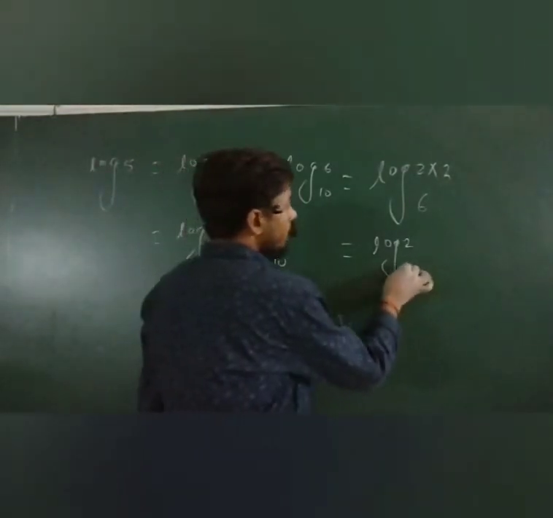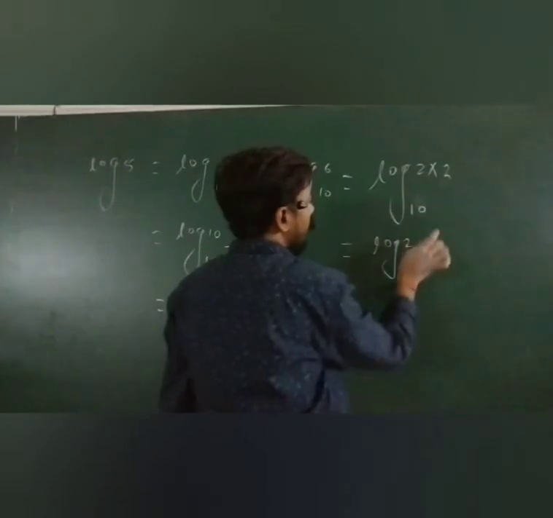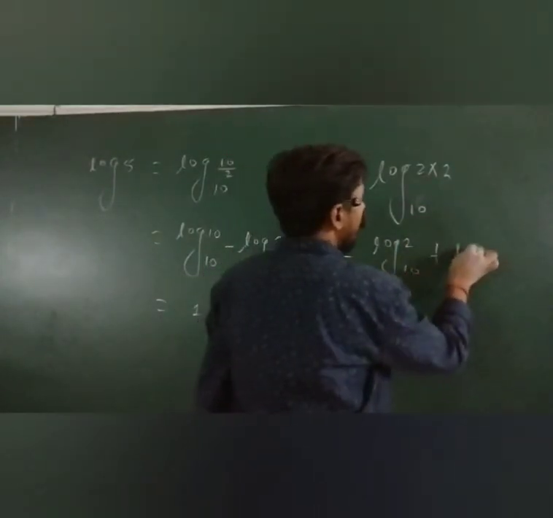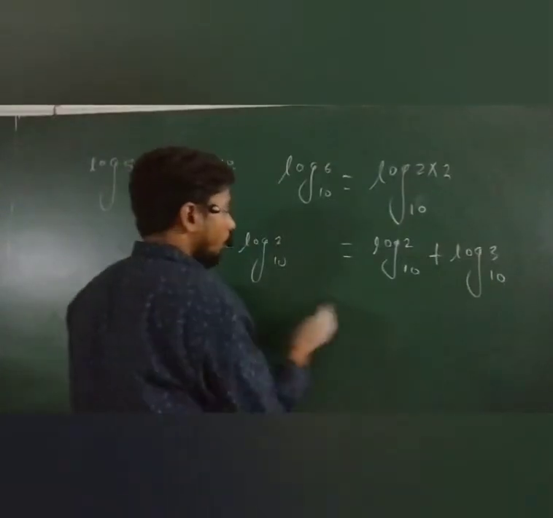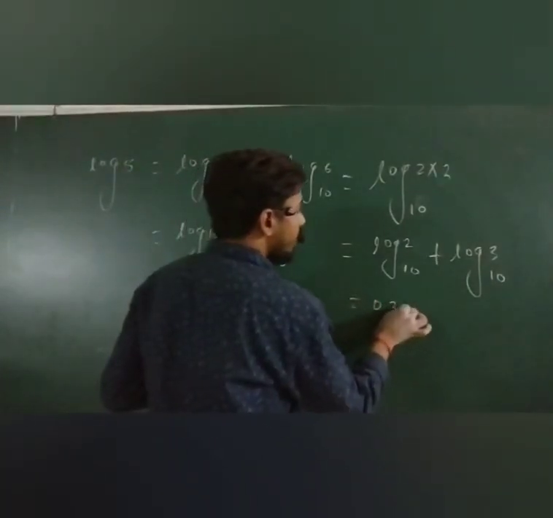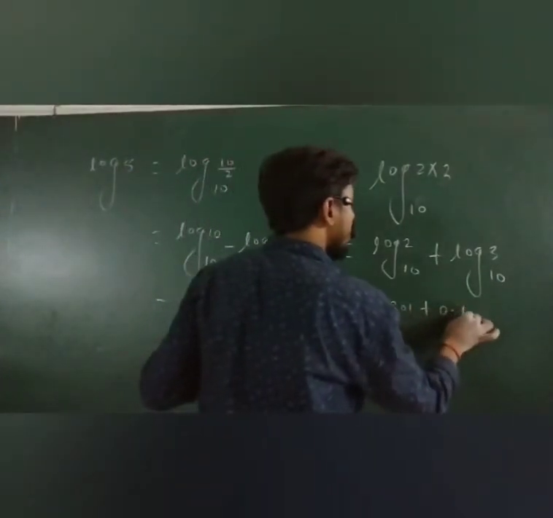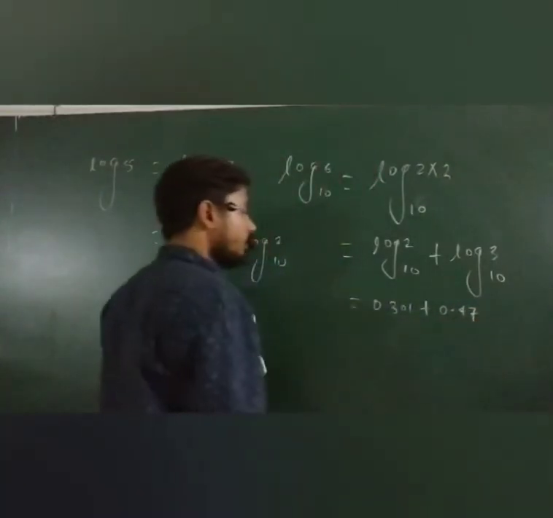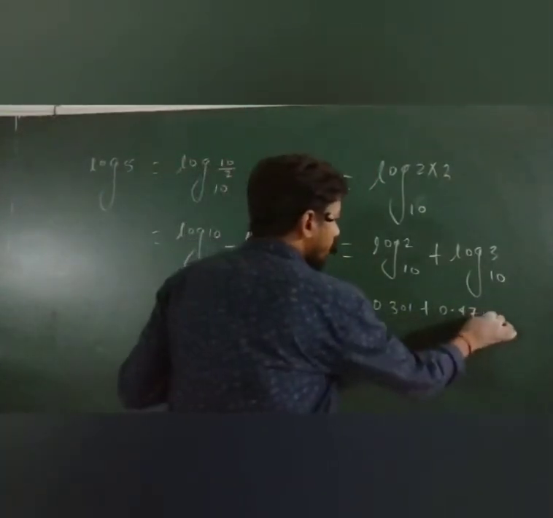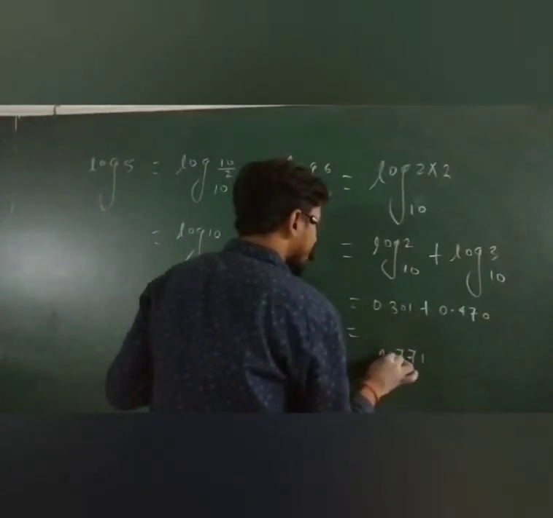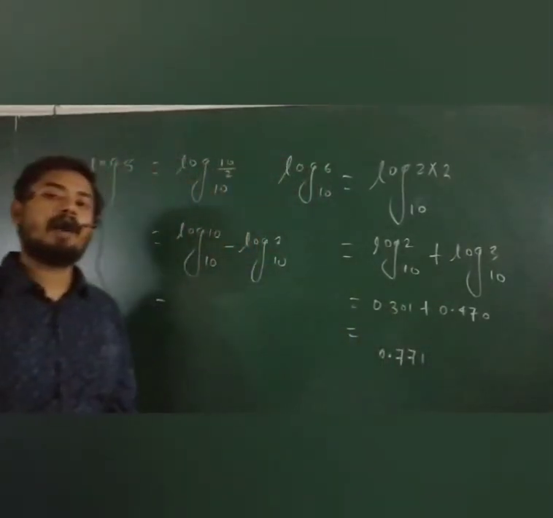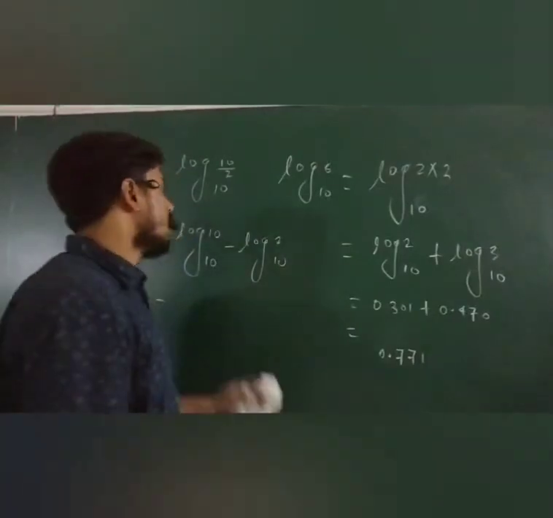So log 2 base 10 plus log 3 base 10. So log 2 is 0.301 plus log 3 is 0.47. So now solve this one. So this becomes 0.77, which will be the value of log 6.